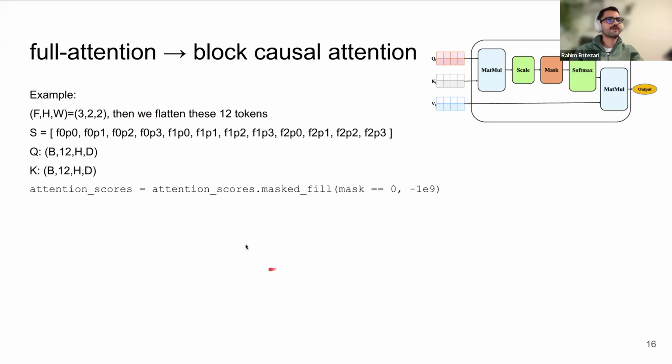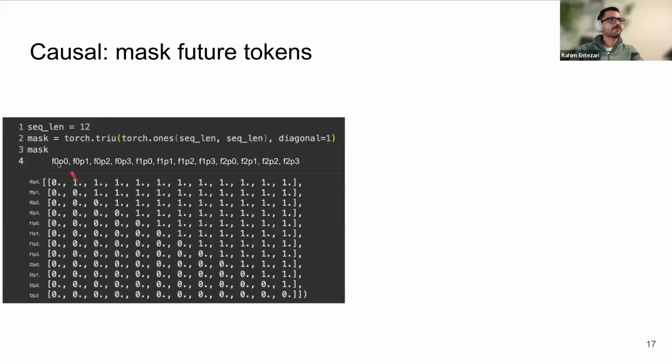I should have had a better picture, sorry. Remember, this is a rectangle with 4 different sub-elements, and we have 3 frames, so each frame has 2x2. Now, these 4 tokens from F0, which is frame 0, are all frame 0 with different patches: patch 0, patch 1, patch 2, patch 3. So these are all patches from the same frame.